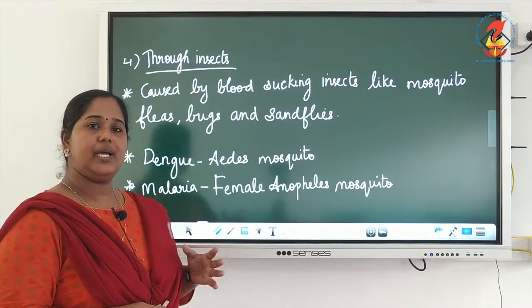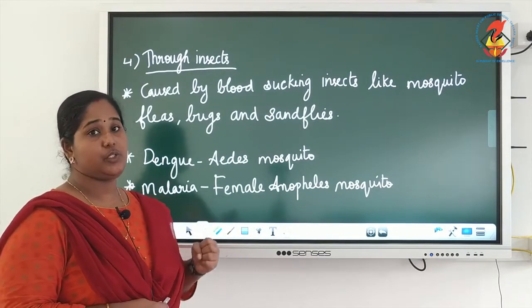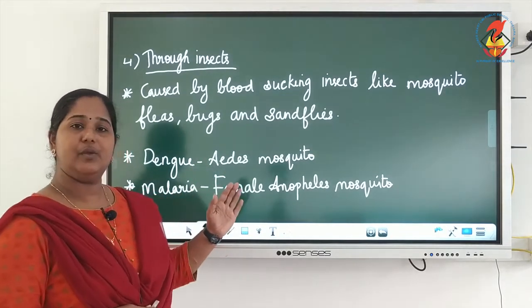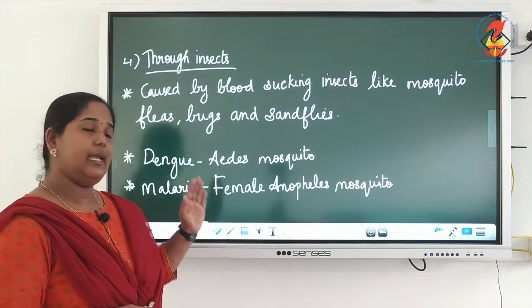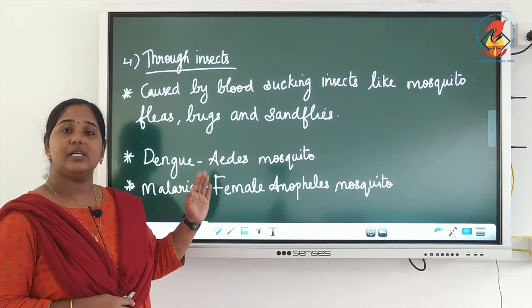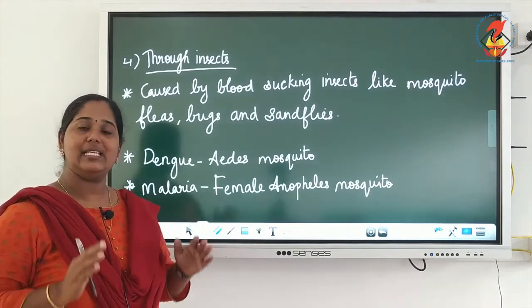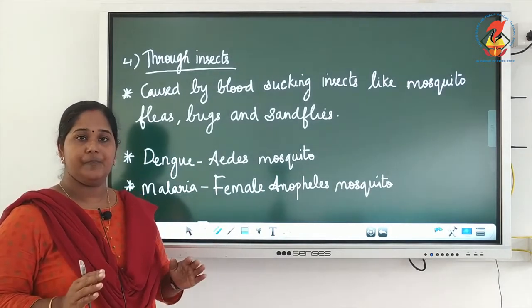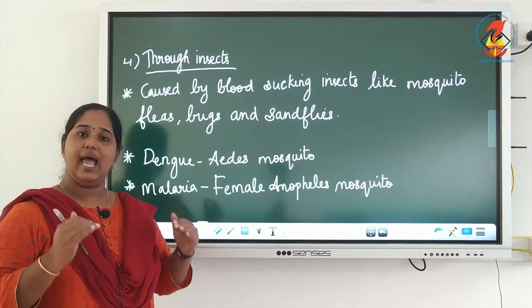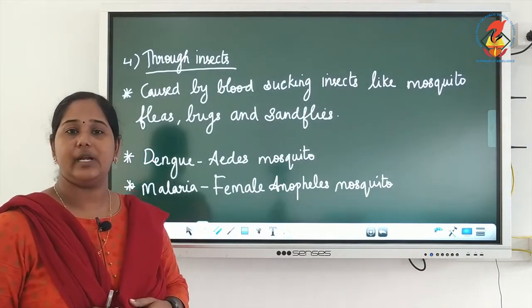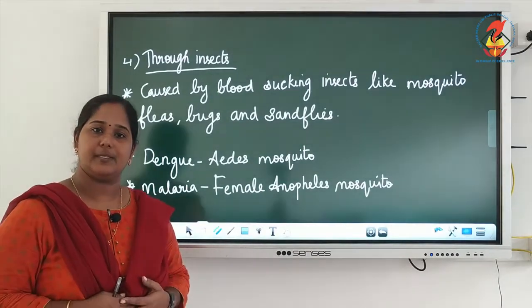It has also become a big social issue to deal with. This dengue fever is spread by a mosquito named Aedes mosquito. This mosquito carries the microbe or germ causing dengue fever, and it injects it into a healthy person's body, thereby spreading the disease.